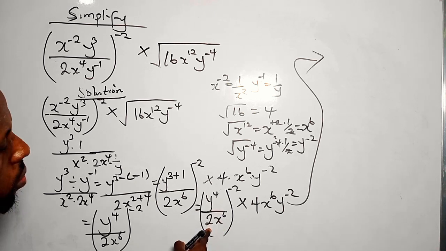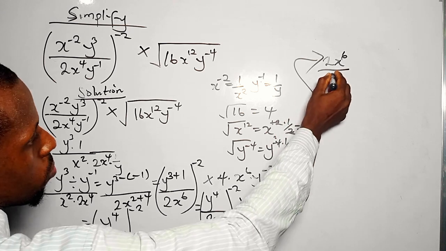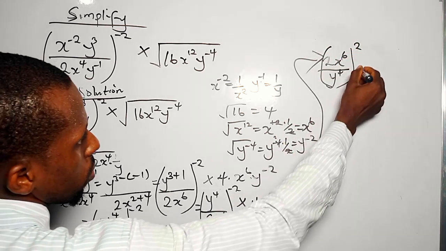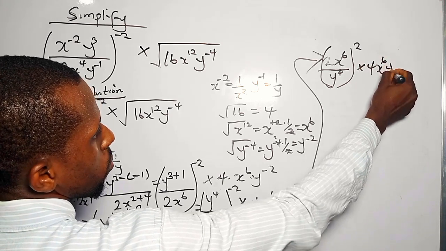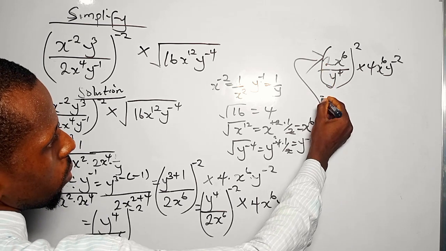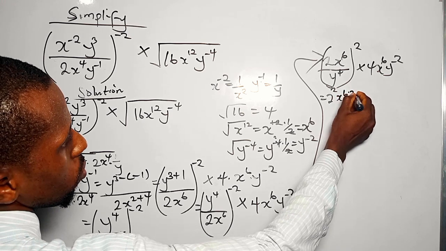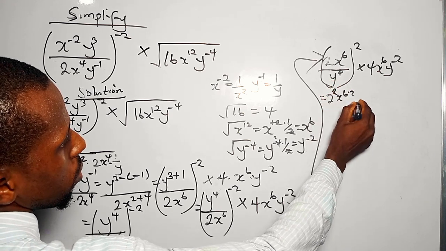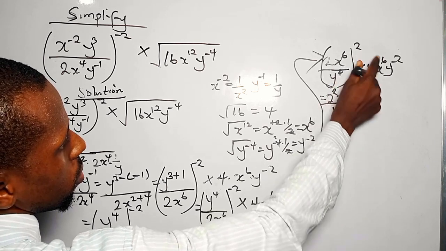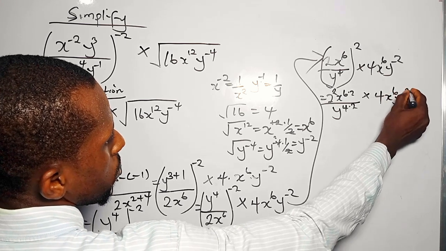So we have (2x^6 divided by y^4) squared, times 4x^6 y^-2. So we have 2 squared, x^(6 times 2), divided by y^(4 times 2), times 4x^6 y^-2.